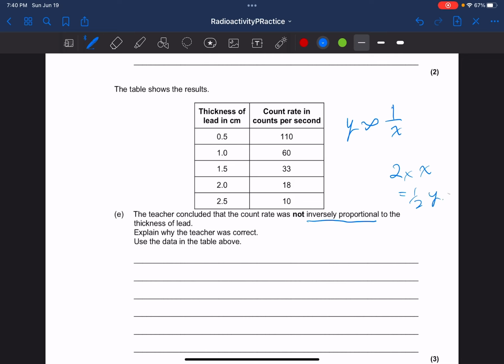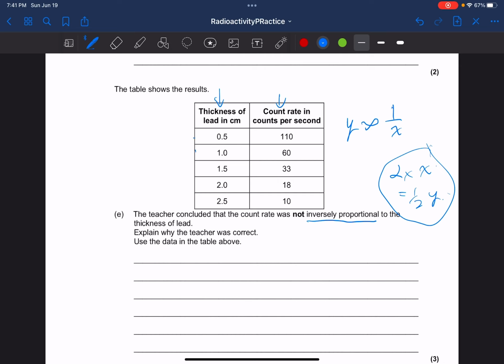So we're going to use data from the table to show why it is not inversely proportional. A couple of ways that we can do this. If it is inversely proportional, then this column times this column should be a constant. Or we can look at it like this.